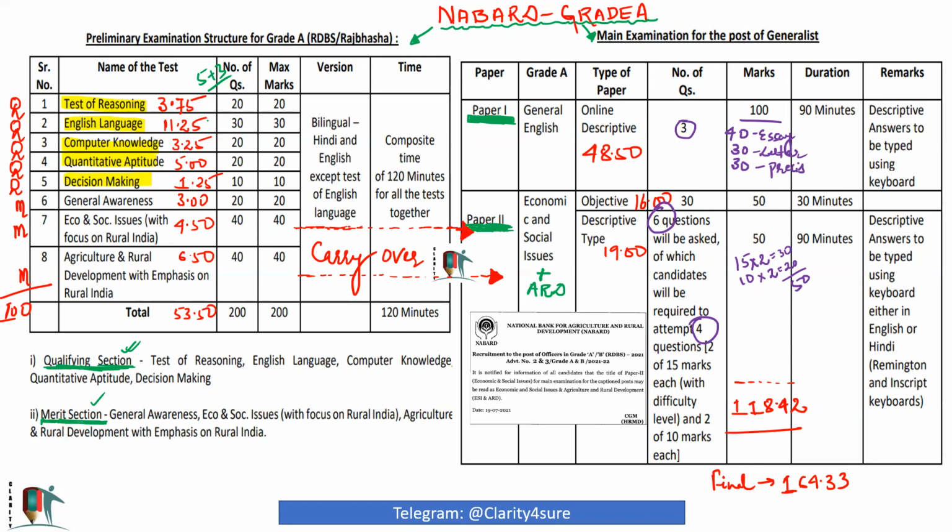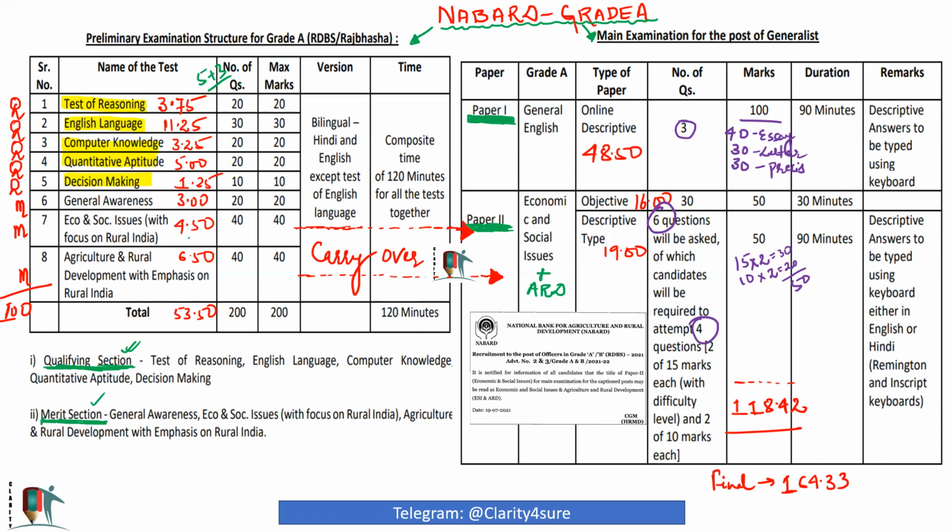In English, it was 11.25 because the maximum marks is 30. Computer just 3.25, quant just 5 marks out of 20, and decision making, DM, that is 1.25 out of 10. So these marks are very less. You don't need to invest a lot of energy or time in studying these qualifying sections.